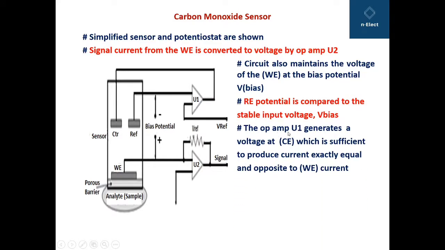The op-amp U1 generates a voltage at CE, which is sufficient to produce current exactly equal and opposite to the working electrode. At the same time, a constant voltage is maintained between RE and WE through this bias potential.